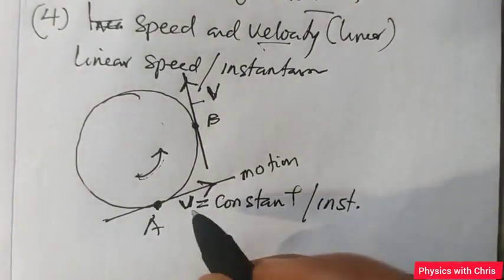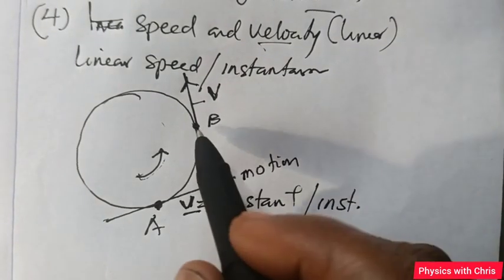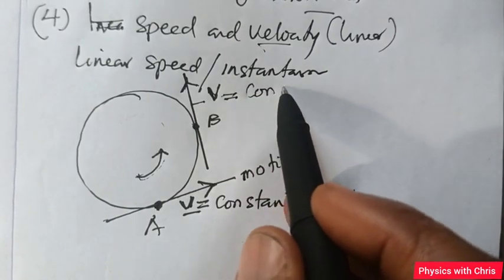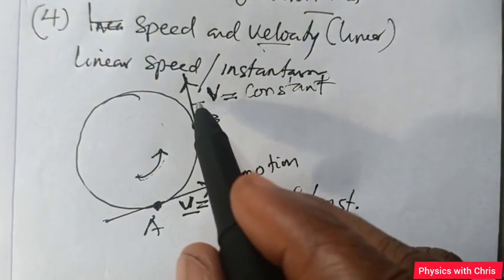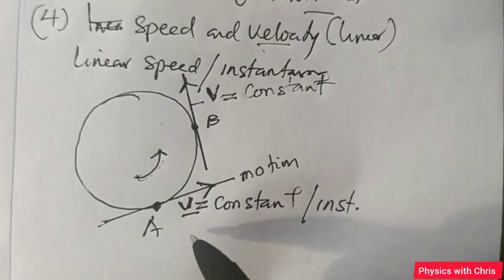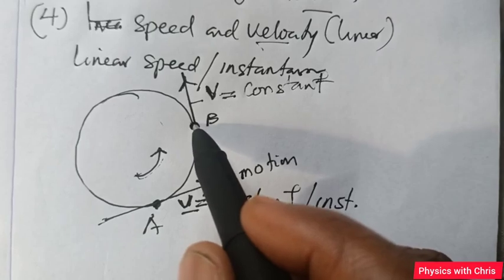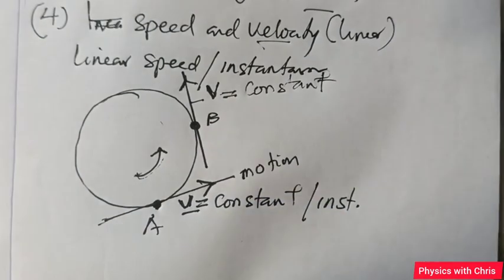When you combine speed and direction, that's velocity. The same thing applies at point B. The speed is constant in magnitude at point B, but the direction at B is not the same as the direction at A. It means that the velocity at B would not be the same as the velocity at A, because the directions are different.